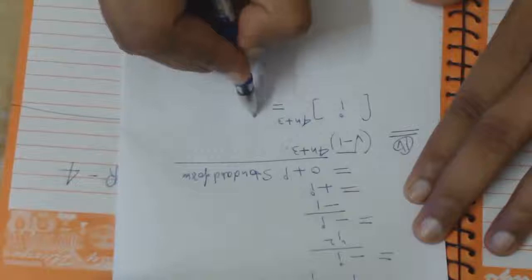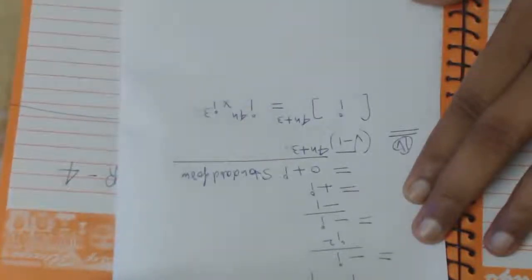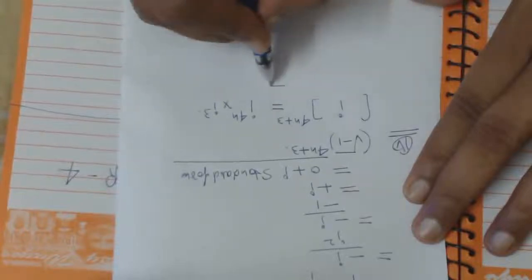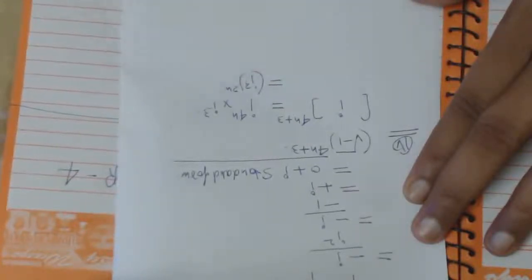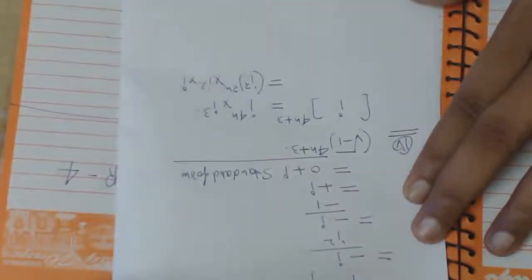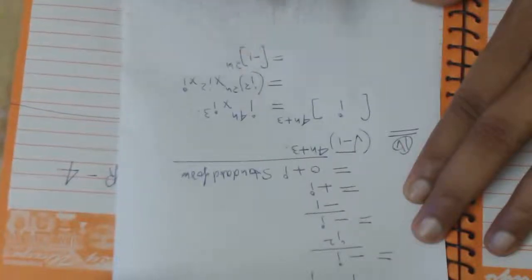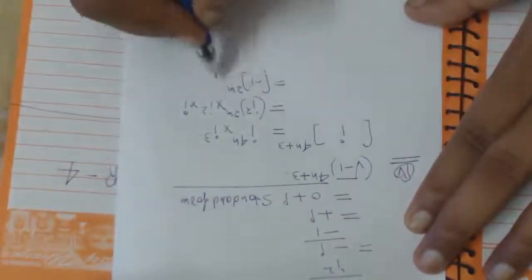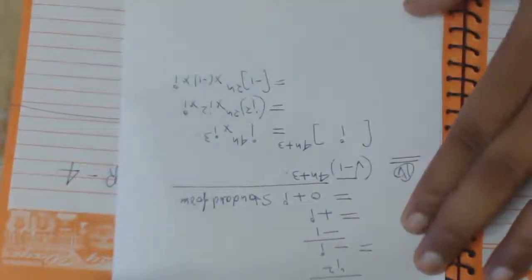It will give you iota raised to the power 4n into iota raised to the power 3, which is iota square raised to the power 2n into iota square into iota. Iota square is minus 1, so minus 1 raised to the power 2n into minus 1 into iota.